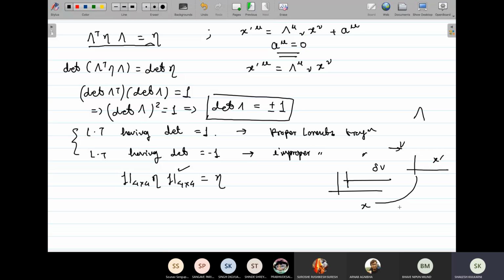So my question is, if I calculate the determinant of this lambda, whether it will be plus or minus 1. I have told you everything. You can answer from that information.